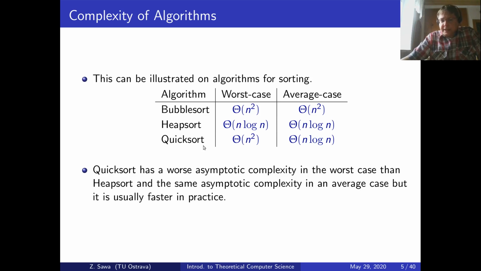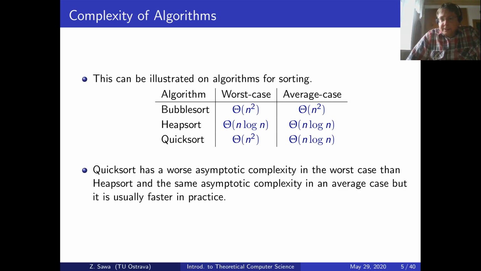And it's interesting that in practice, when we generate, for example, some random data and test these algorithms on them, typically quicksort will be faster than heapsort, because of the constants which are hidden in these asymptotic notations. Quicksort is quite simple. Most of the time is spent comparing elements and moving them to the first and second part of the given part of the array.